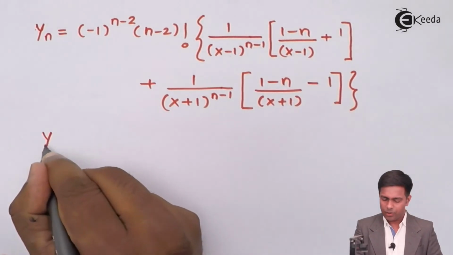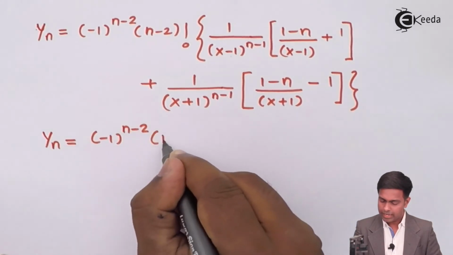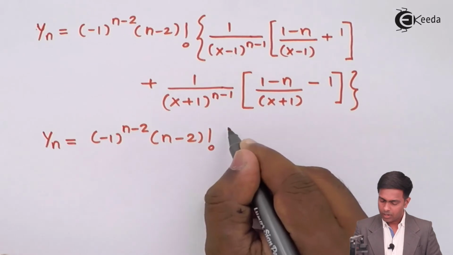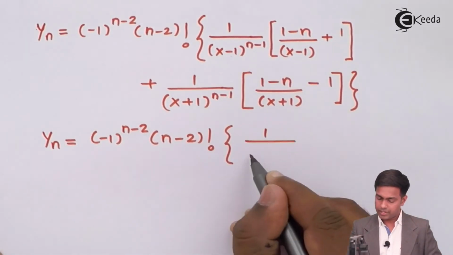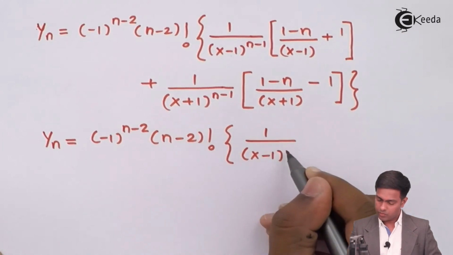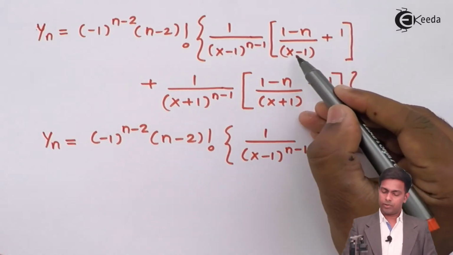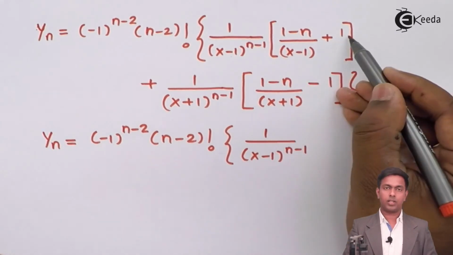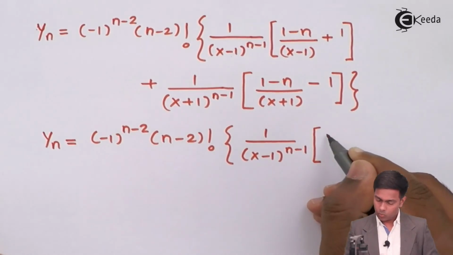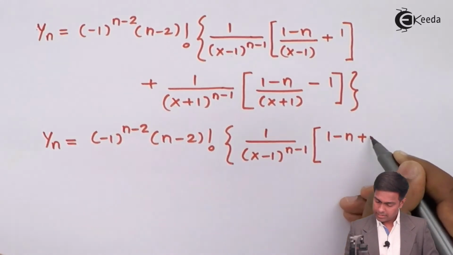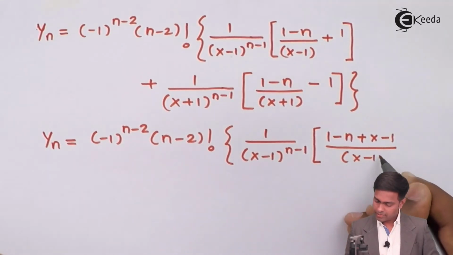So we'll get value of yn as (minus 1) raised to n minus 2 factorial, and in the bracket guys, this first term as it is, which is 1 upon (x minus 1) raised to n minus 1. In the bracket we'll do the LCM. So that will become 1 into (x minus 1), that is x minus 1. So guys, here we'll get (1 minus n plus x minus 1) upon (x minus 1).